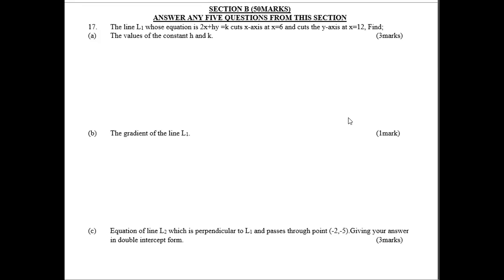With those 2 points and our gradient already known as -2, let's form the equation of a line. I've taken 6, 0 as the point. The equation will be y minus 0 over x minus 6 equals -2.